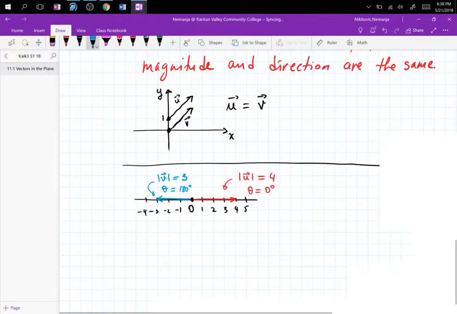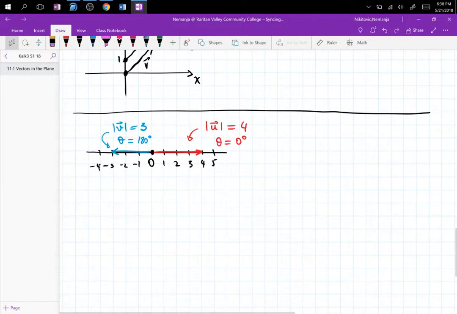Now, you can think of two-dimensional vectors as two-dimensional numbers that have a number that goes in the x direction and a number that goes in the y direction. And it's easier for us to think about those two-dimensional numbers in terms of magnitude and direction, rather than worrying about two separate directions in which they go.